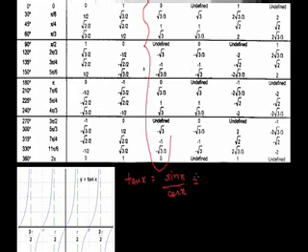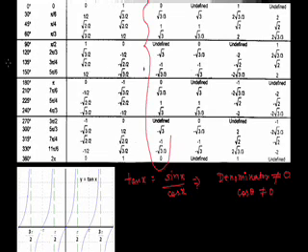Now domain includes all the values of the independent variable for which the dependent variable is defined. But here you can see that cos theta is in the denominator. And we know that for a function to be defined, the denominator cannot be equal to 0. That implies here cos theta cannot be equal to 0.